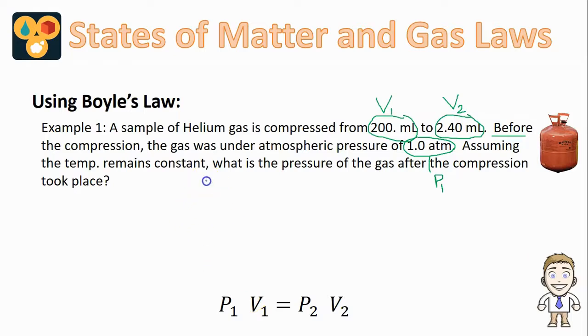First thing we'll plug in is, of course, the value for P1, which we figured out is 1 atmosphere or ATM. P1 times V1, we said the first volume is 200 milliliters. That's the volume the gas is starting off at, 200 milliliters. Set that equal to P2. I don't have a value for P2, but that's because that's what we're going to solve for in this equation.